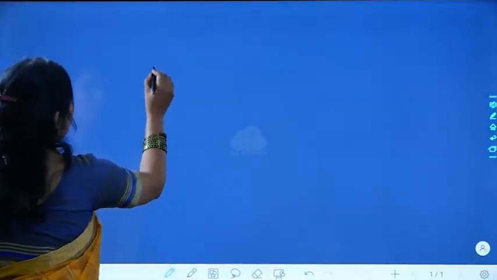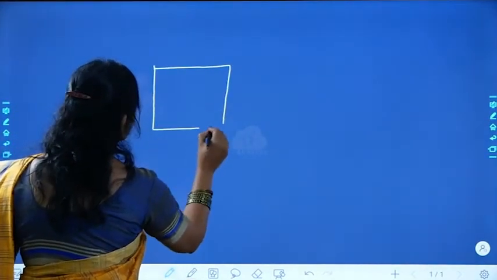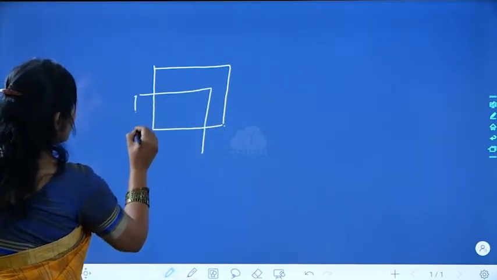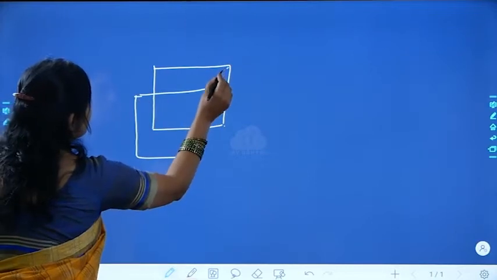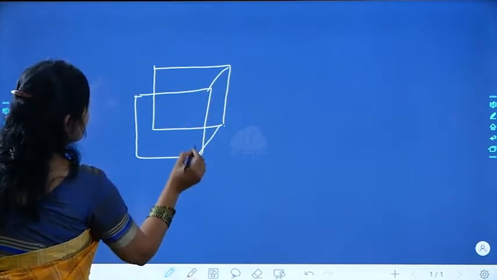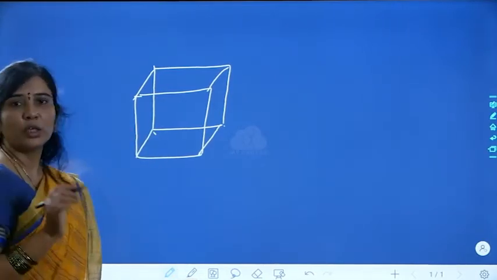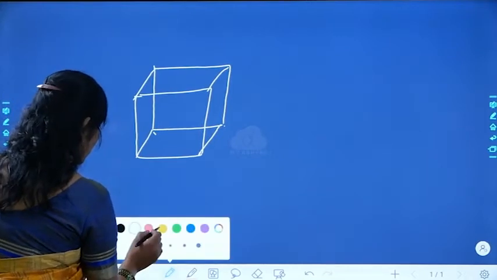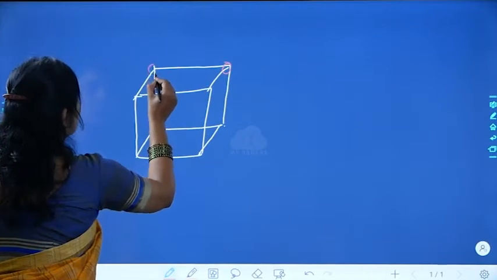See, for example, assume this is a cube. So I am drawing the cube structure. This is a cube. Now, these are the constituent particles.